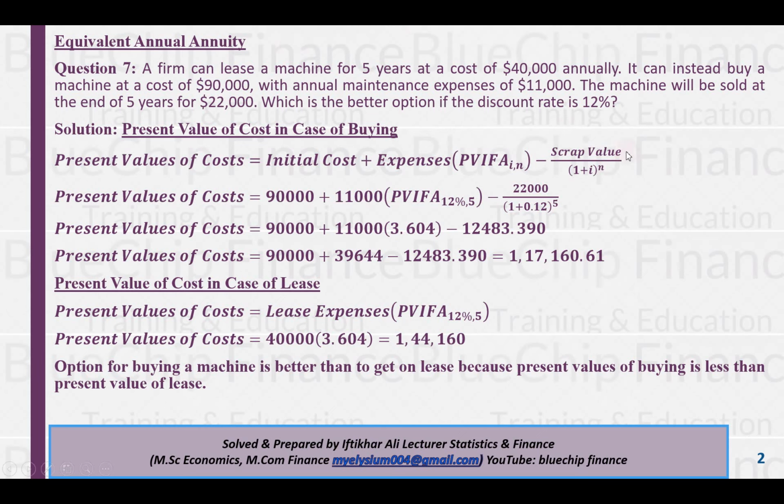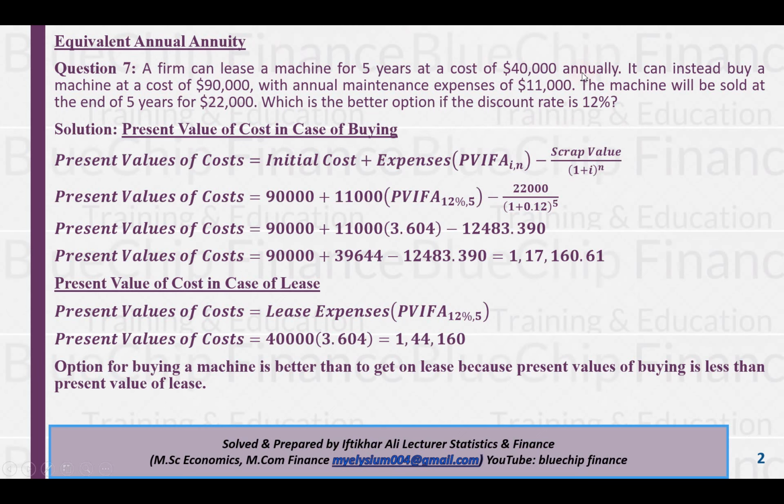of your expenditures. So for example, in question number 7, a firm can lease a machine for 5 years at a cost of 40,000 annually. That is your first option, that a firm has an option to get a machine on lease for 5 years at a cost of 40,000 annually.